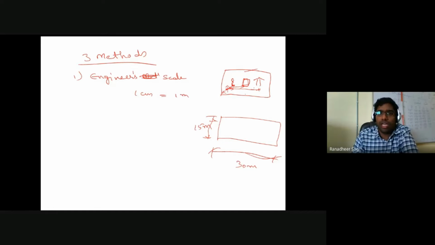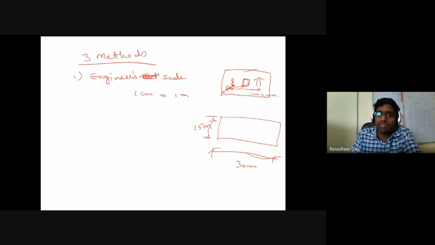The way these original dimensions are converted onto a proper scale for representing them on your drawing sheet or map is such a scale. For example, 1 centimeter is equal to 10 meters, or 1 centimeter is equal to 5 meters, or 1 centimeter is equal to 15 meters.